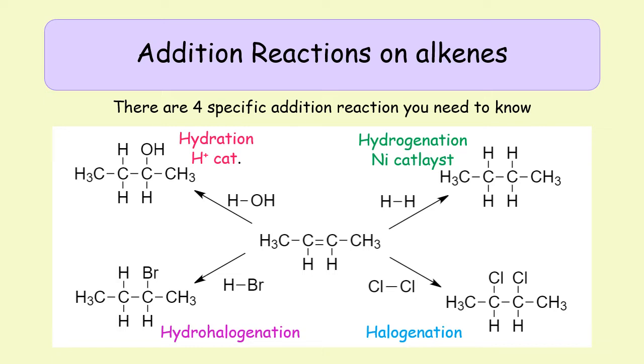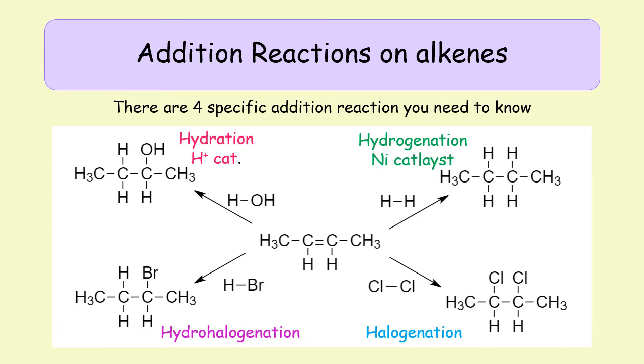The second reaction, known as a hydration reaction, shown in red, is when water is added to the double bond to generate an alcohol. This is going to be one of the more complicated mechanisms in this video, which you will need to know. Moving to the bottom right, to the one written in blue, this is our halogenation reaction.